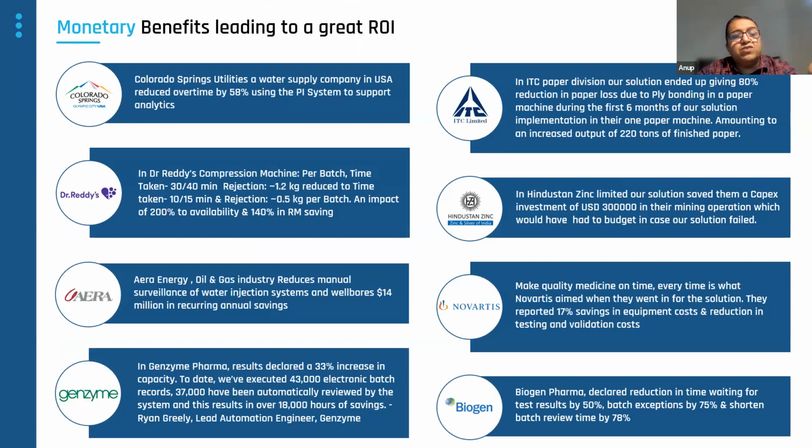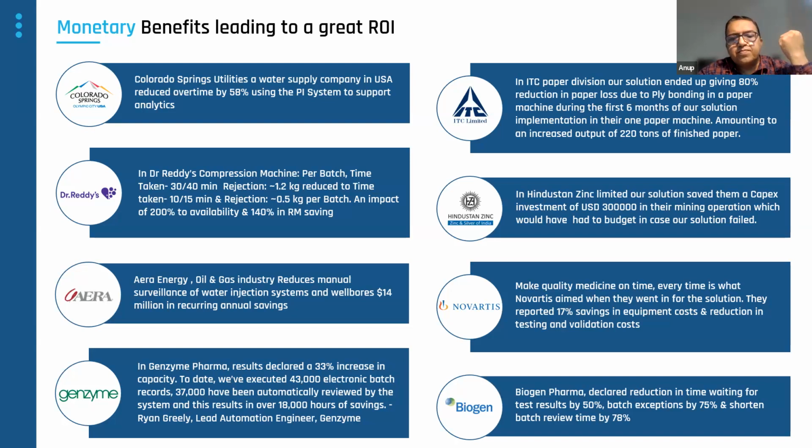This reduced to 10 to 15 minutes and the rejection went down to 0.5 kg per batch. Imagine 25 to 30 batches a day into 365 days. I didn't bother to calculate. Anyone can see. We would have returned, I think, 50% of the cost that they were giving us for the program in that first single event.